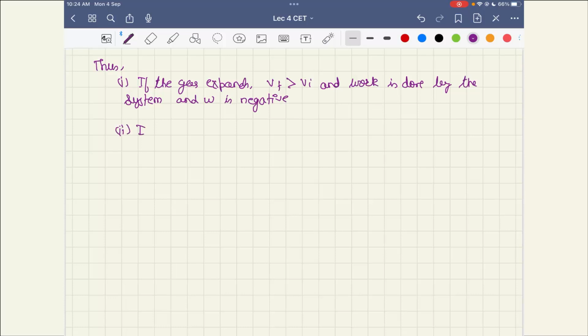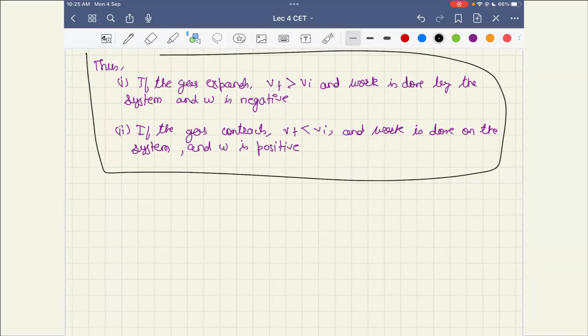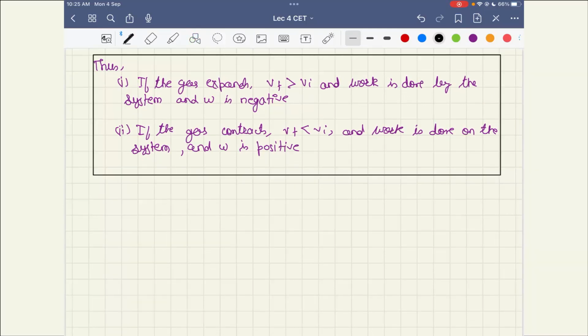Whereas if the gas contracts, that is Vf is less than Vi, and work is done on the system, then we have W is positive, right? So this is a very important thing which you have to remember. Okay, so now let us move on.